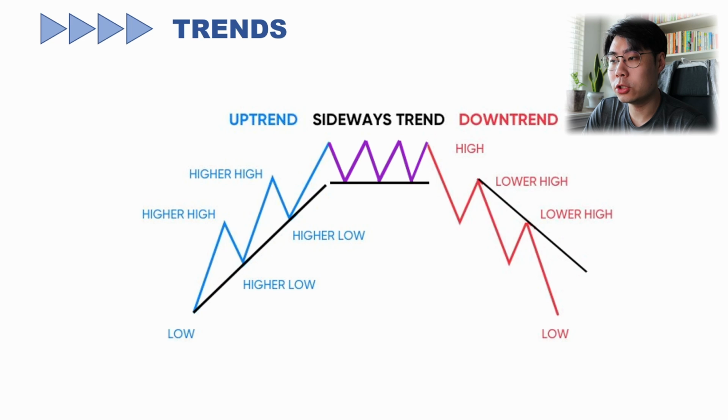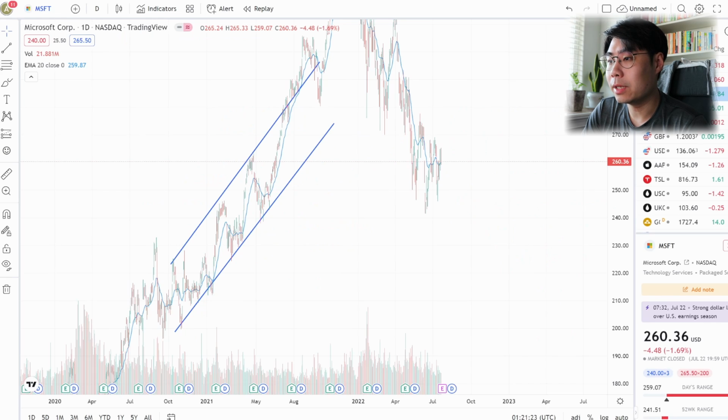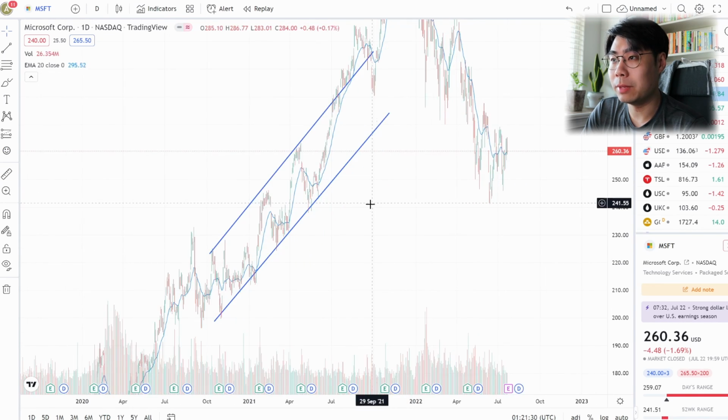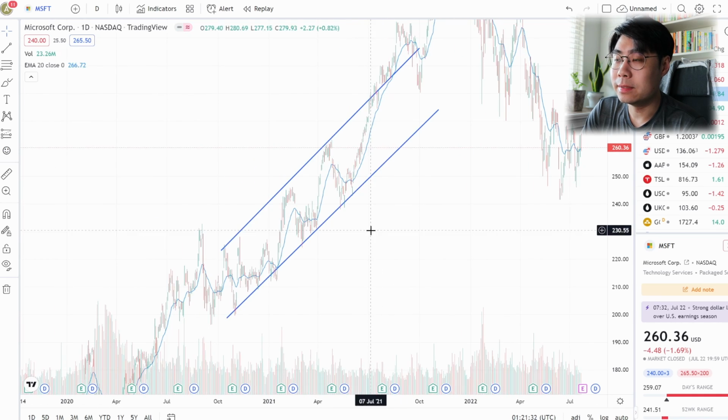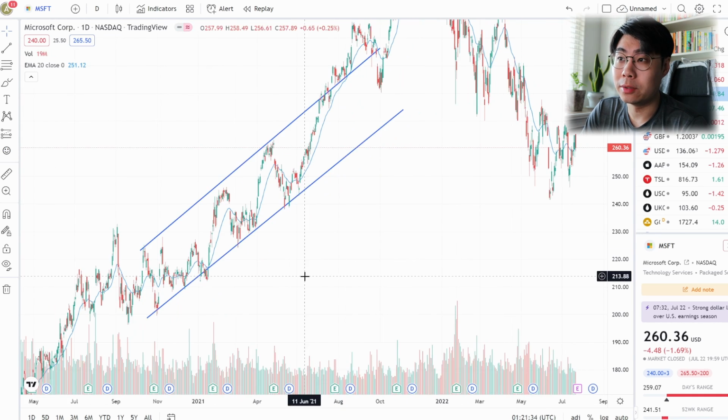So let's show roughly how this might look on TradingView. In here, I am just using Microsoft as an example. It is not a perfect uptrend, right?